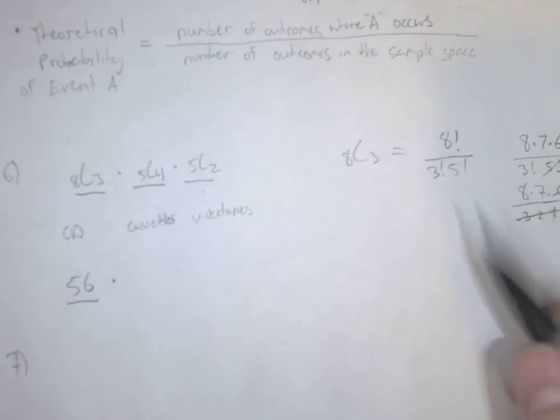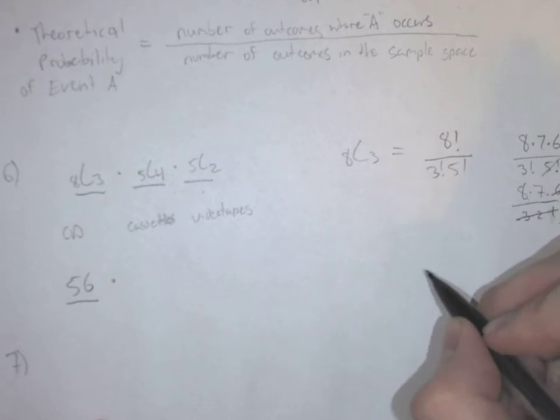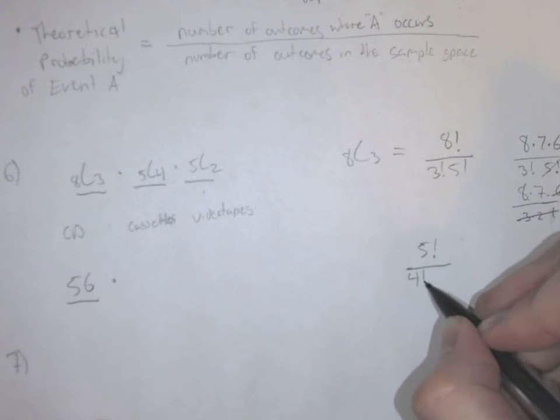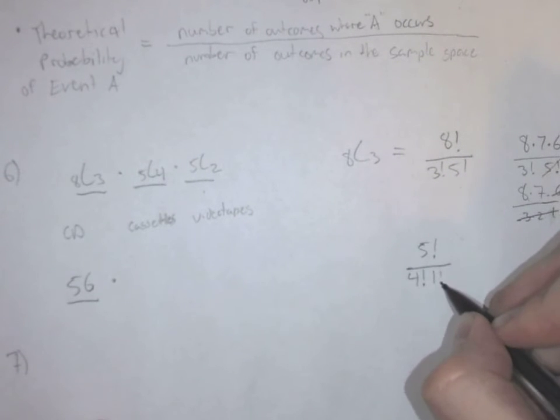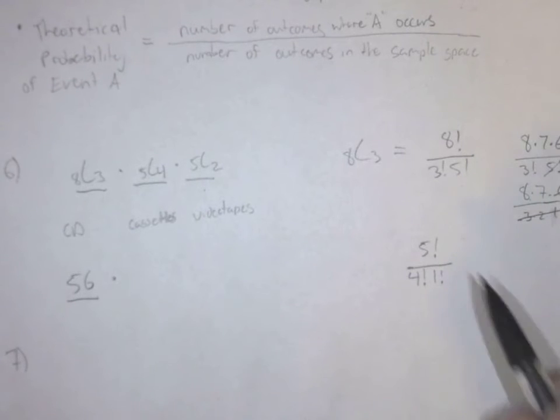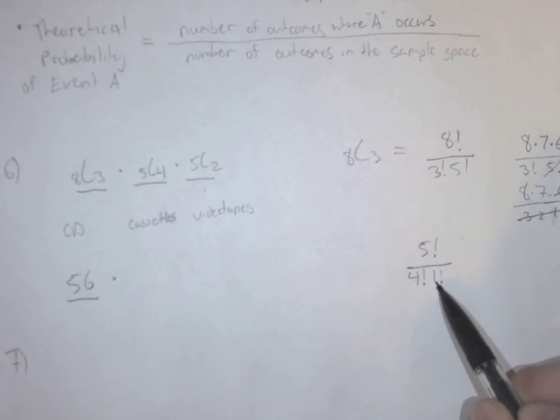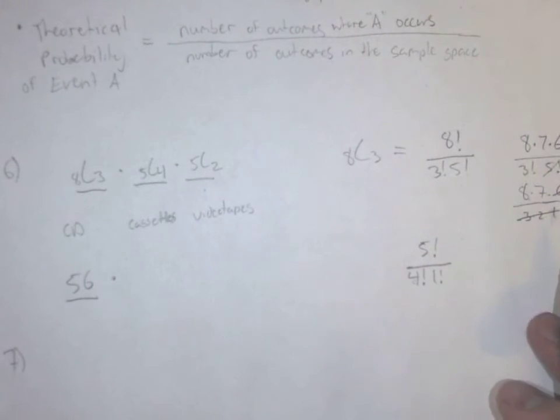All right, now we have to do the cassettes. We have 5 cassettes to choose from, and we're going to choose 4. So we're using our combination formula: n factorial over r factorial times n minus r factorial, and n minus r is 5 minus 4, which is 1. Notice 4 plus 1 is 5, just like 3 plus 5 is 8.